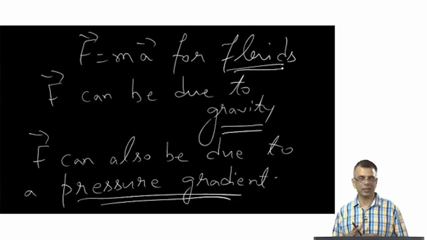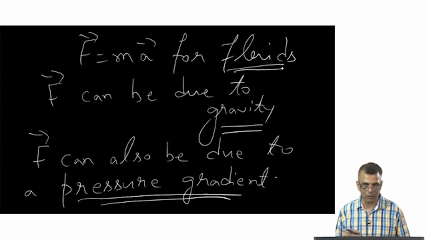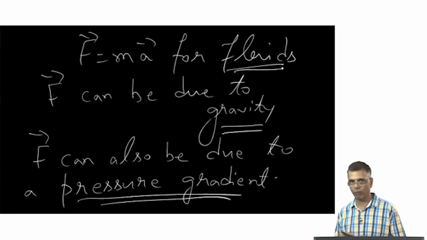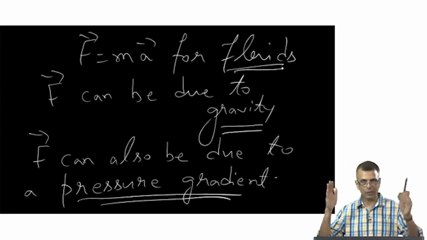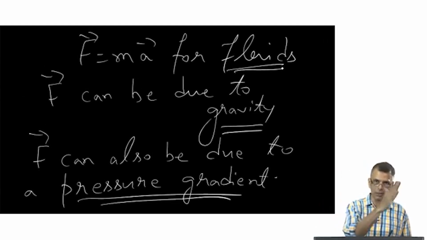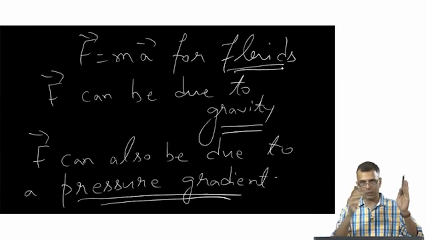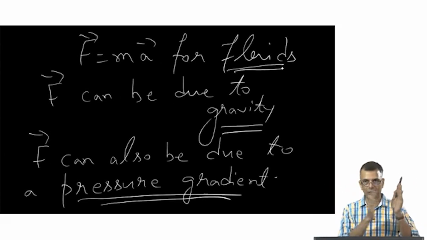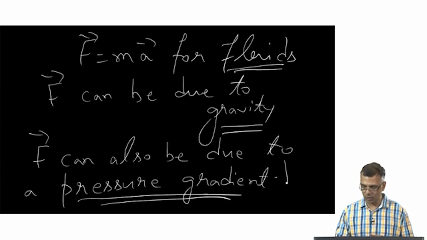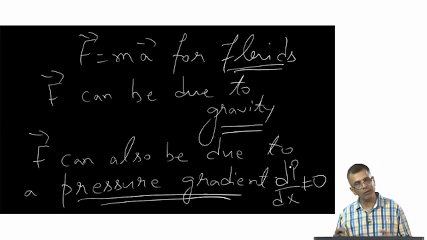As with pretty much everything to do with fluids, it's intuitively obvious. If you have high pressure here and low pressure here, fluid will tend to flow from here to here. These areas are separated by some distance, in other words, there is a non-zero pressure gradient.